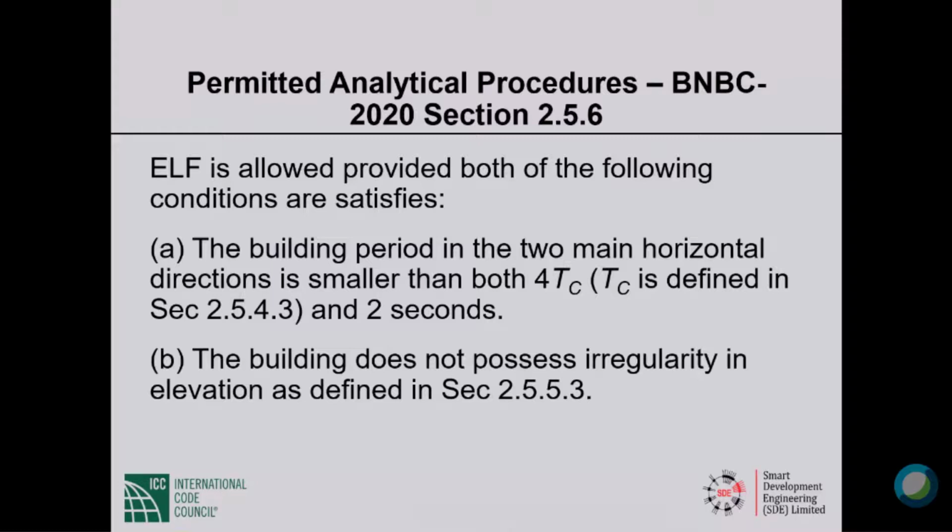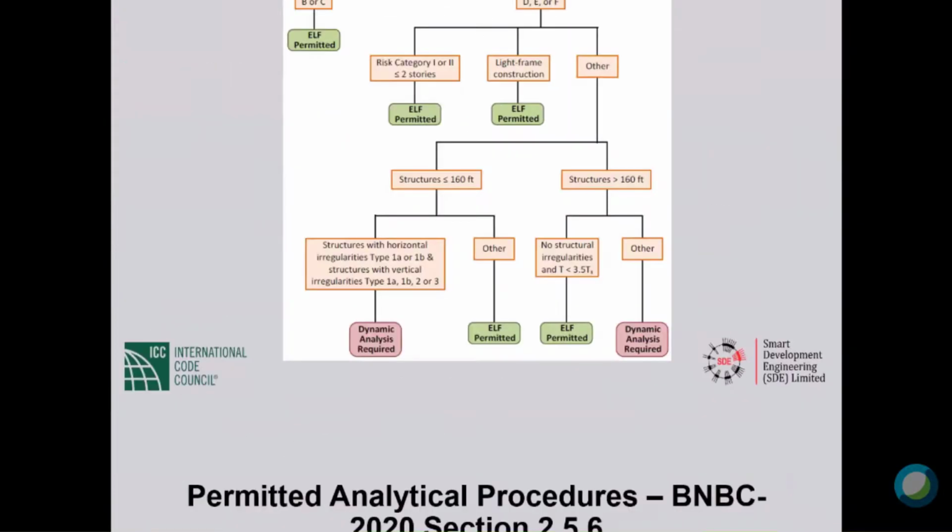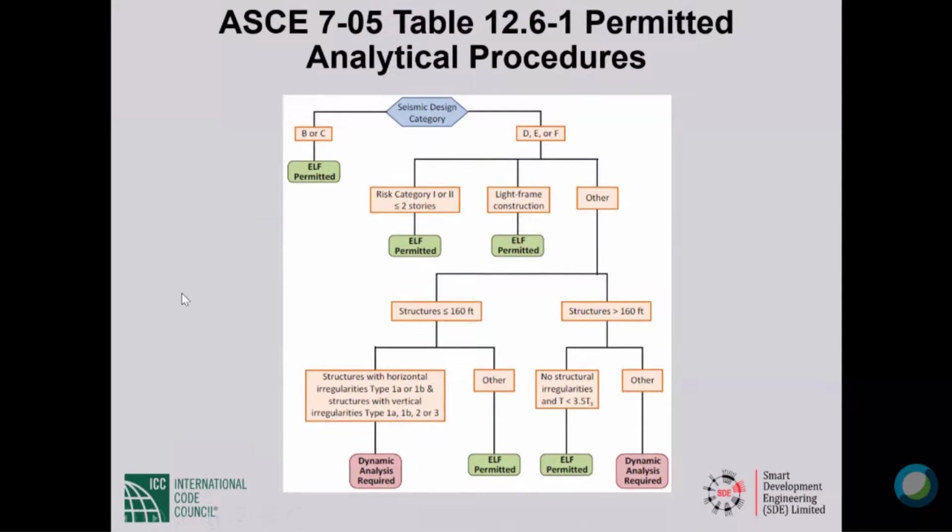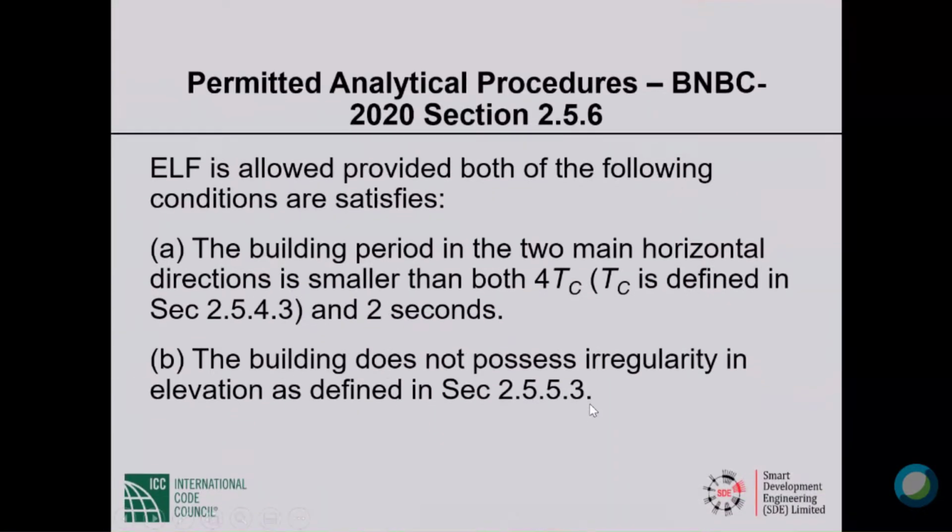So smaller than 4 times T_C or 2 seconds, whichever is the shorter of the two. So essentially, instead of 3.5 times the transition period, BNBC is saying 4 times the transition period. 4 times transition period will be about 2 seconds, and you will not exceed 2 seconds.